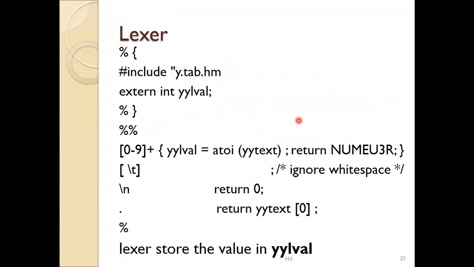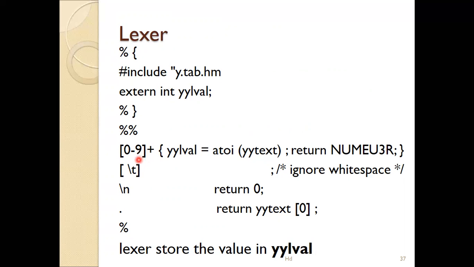Now, in this slide I'm going to present the lexical specifications for recognizing a number. This is the regular expression for recognizing the input as a number. If white space is present in the input, that white space is ignored.